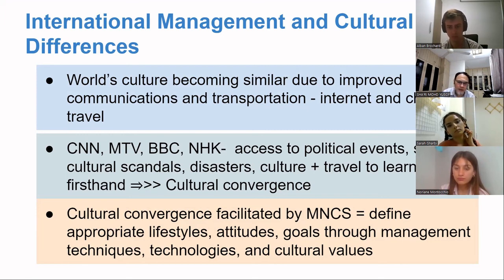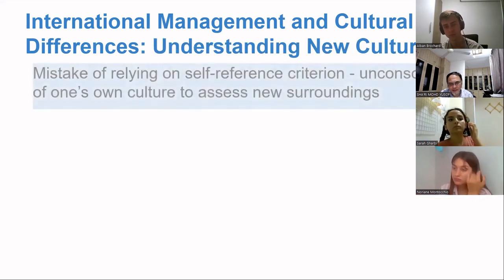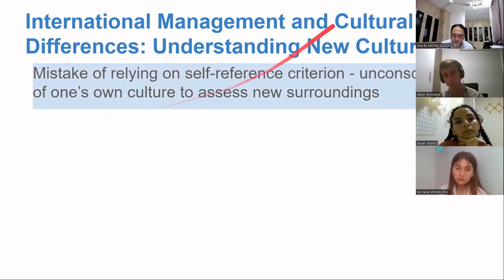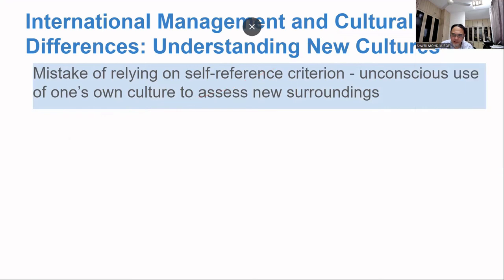So it can result in some form of conflict. This new culture will result in conflict if we make the mistake of relying on the so-called self-reference criterion, which is an unconscious use of one's own culture to assess new surroundings.